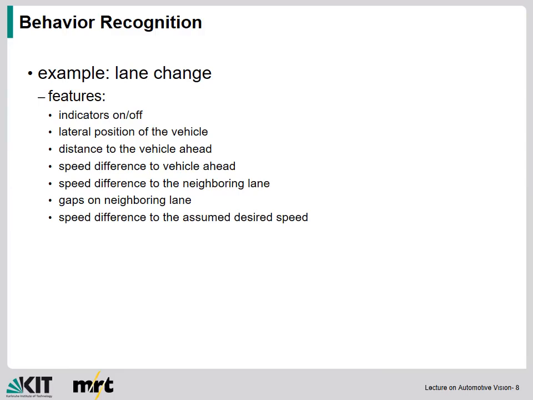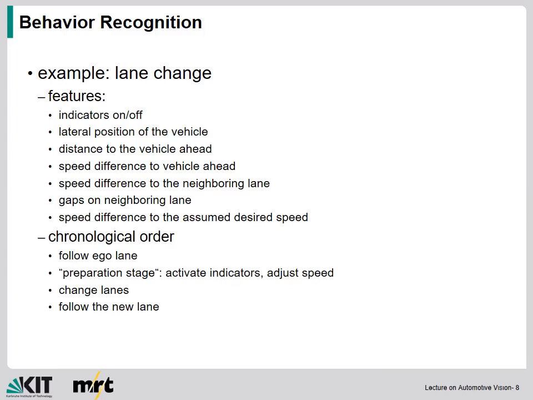If you observe a sports car, of course, we don't expect that the desired speed of the sports car driver is 80 km/h, but we guess that it is whatever, 130 or 150 or even more km/h. So there are features which allow us to at least make a rough guess of such a desired speed.